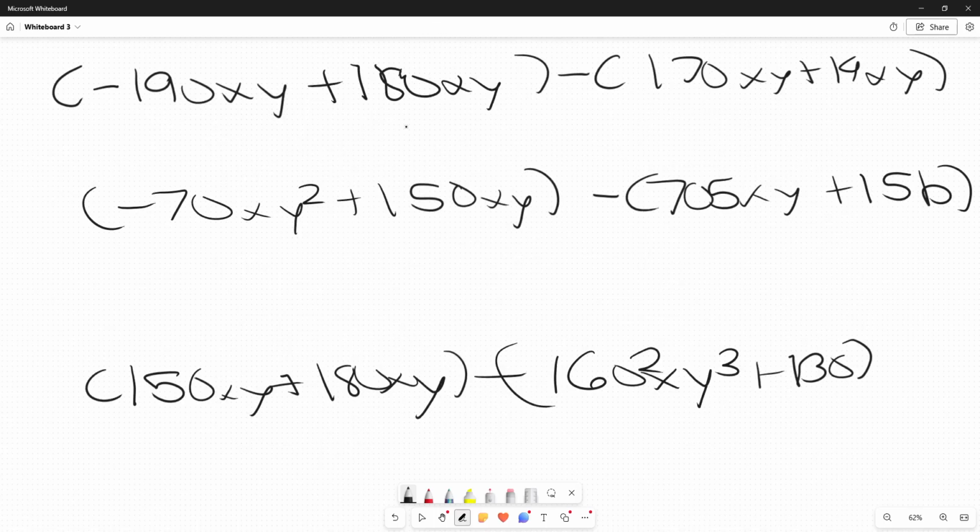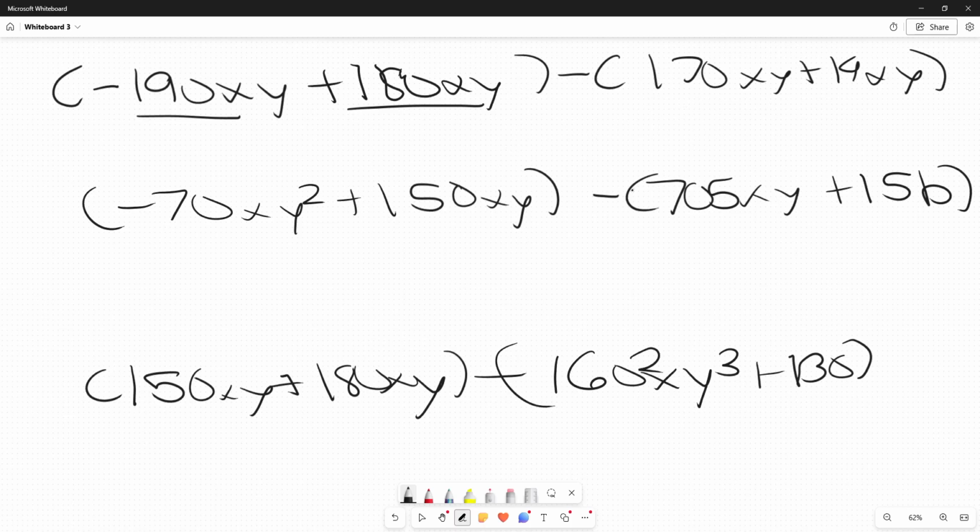So another 3 examples, basically the last 3 examples. So here we are given negative 190xy, 180xy, and negative parentheses 170xy, and plus 14xy.